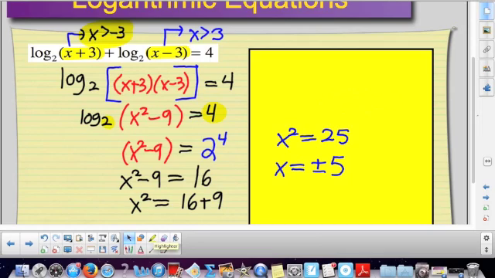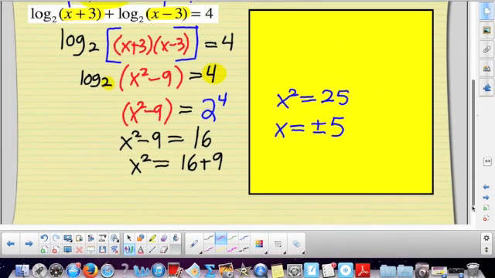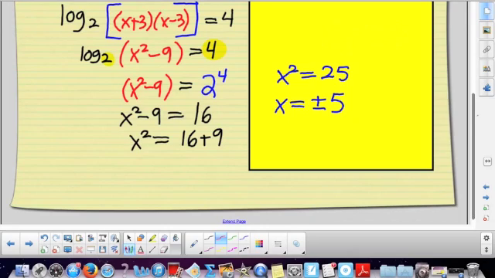I'm going to actually write that down in full so you understand this. Positive 5 is greater than 3, but since x has to be greater than negative 3, x is equal to negative 5 fails.